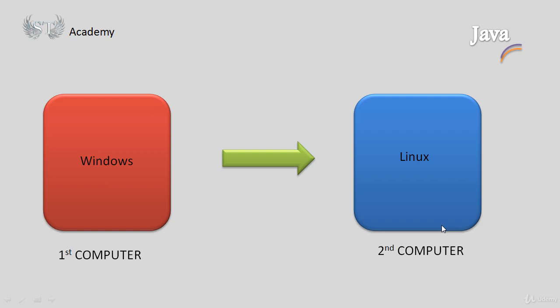Now suppose I develop an application in Java language on the first computer, which has the Windows operating system, and I take the same application to the second computer, which has the Linux operating system. It is going to execute. That's why Java is known as a platform independent language.